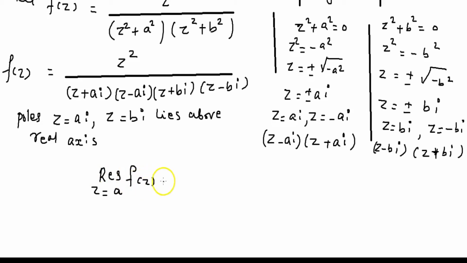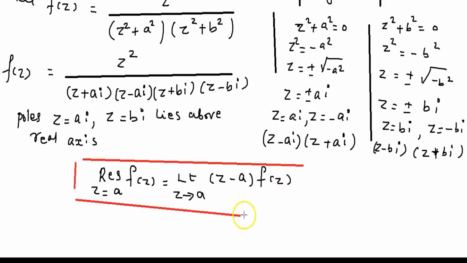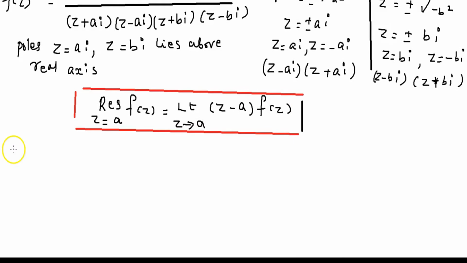Find the residue at z is equal to ai. Use Cauchy's residue formula: limit z tends to a, z minus a, f of z. Substitute pole ai in the formula instead of a.